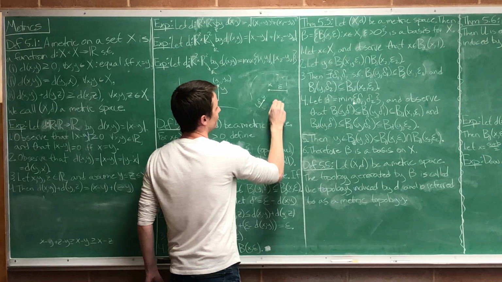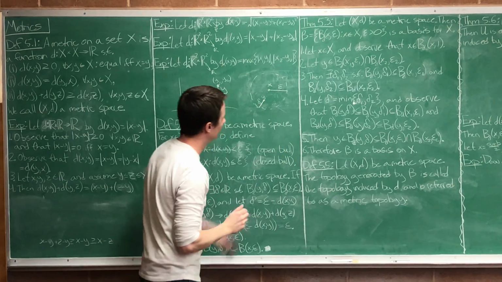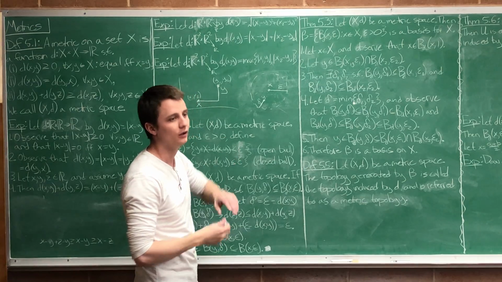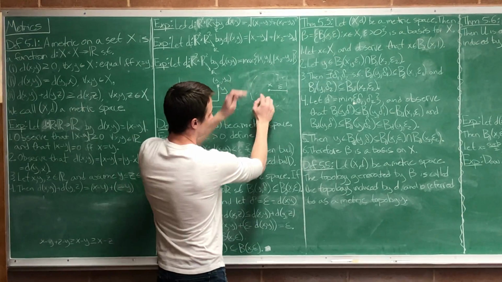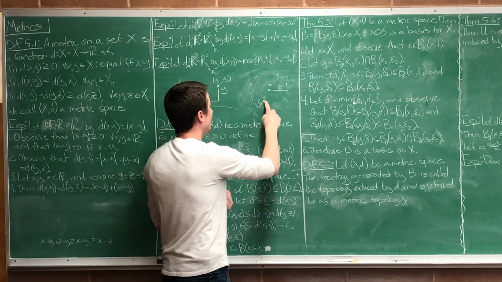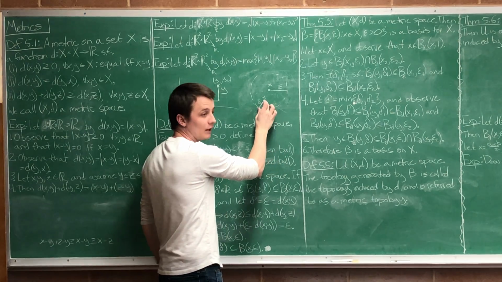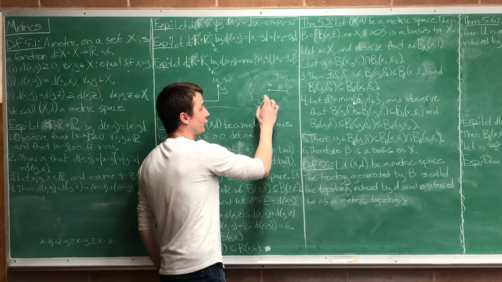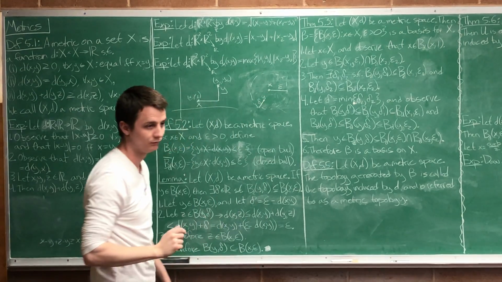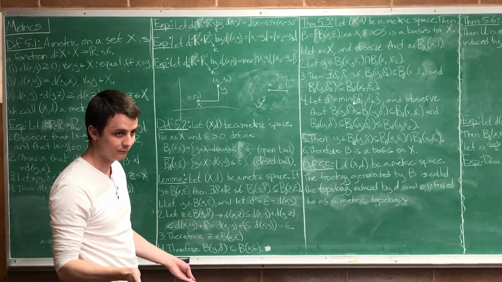Now this open ball centered at y with radius delta is going to be a subset of the open ball centered at x with radius epsilon. So for any open ball you pick, and for any point y in there, I can always find a delta such that the ball centered at y with radius delta is a subset of the ball centered at x with radius epsilon. Does that make sense? Mm-hmm.